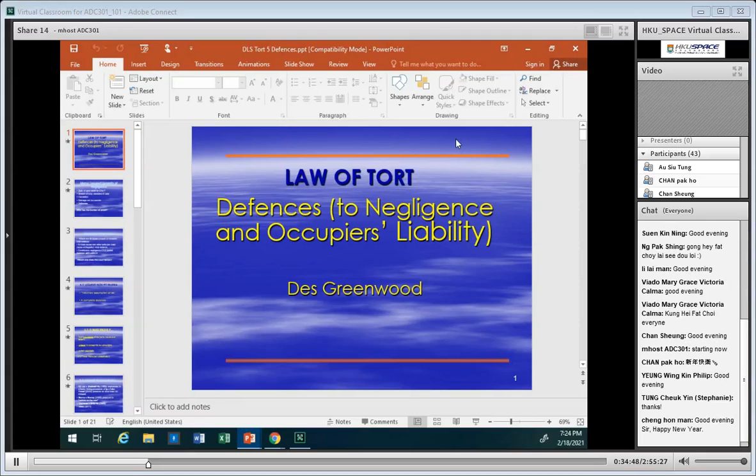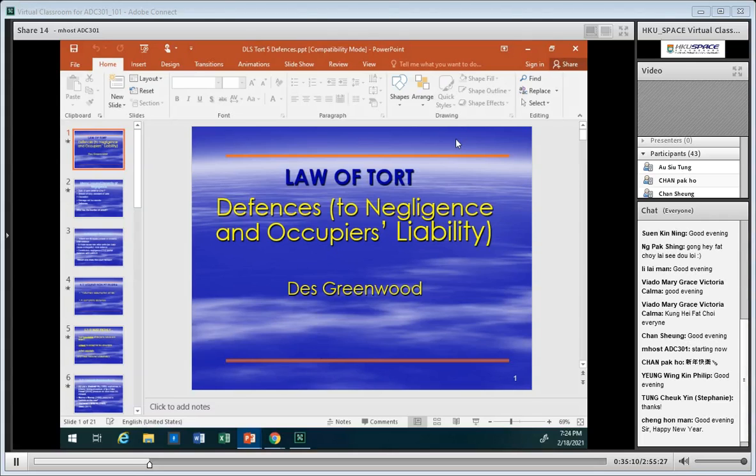and even though it's not must-know for our course, I think it certainly should be known, and also, by looking at occupier's liability, we will be indirectly revising the work on negligence, because occupier's liability is very similar to negligence.